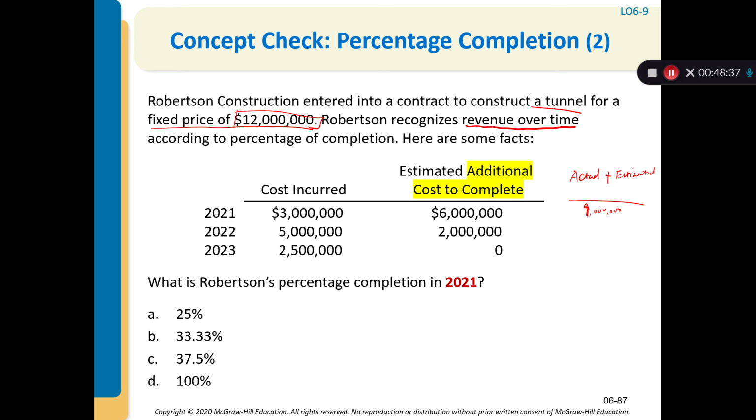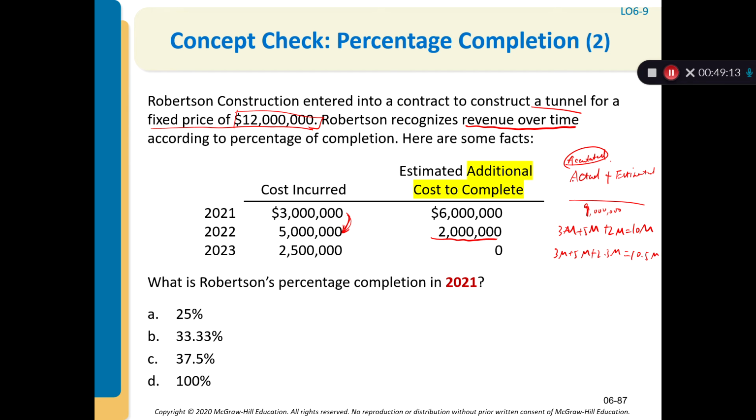That means the total accumulated cost should be 3 million plus 5 million plus 2 million, which is 10 million, right? Because this has already happened, total actual plus additional to go. And the last one is actual: 3 million plus 5 million plus 2.5 million is 10.5 million.